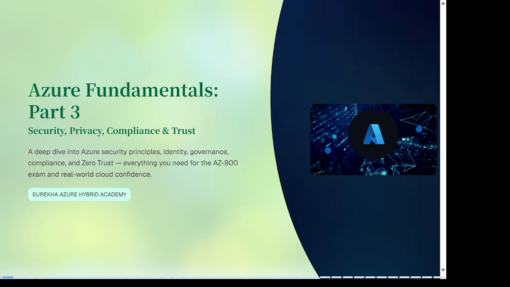You will also learn one of the most important concepts: zero trust, a security approach based on the principle of never trust, always verify.